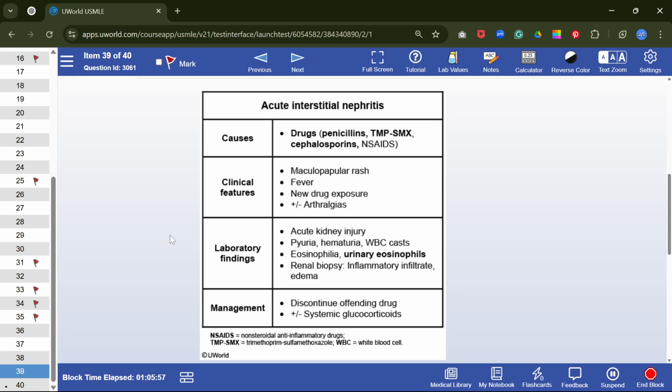No. Renal biopsy shows inflammatory infiltrate or edema. Management is to discontinue the offending agent, with or without systemic glucocorticoid.